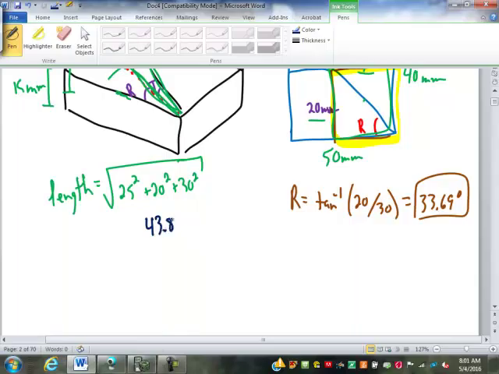43.87, you got it. So then for T, it's going to be the inverse sine of that 25, the height we had over here, over the hypotenuse of 43.87. If you did the bottom, it would be an inverse tangent because you had the two legs.